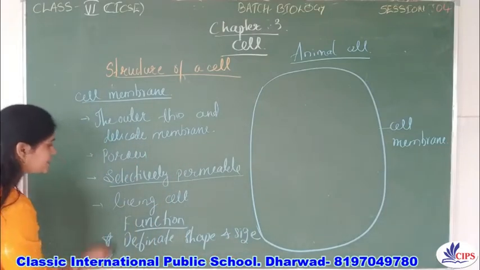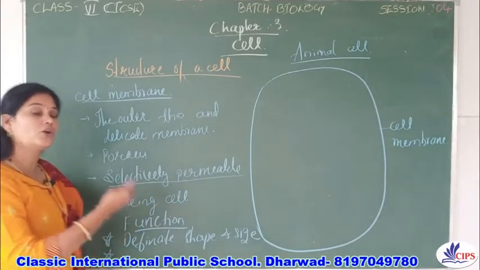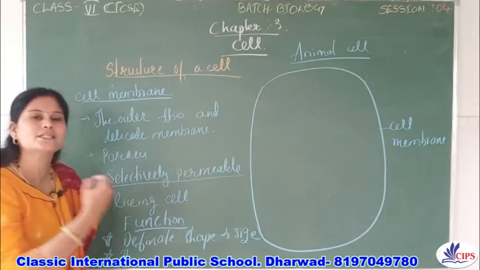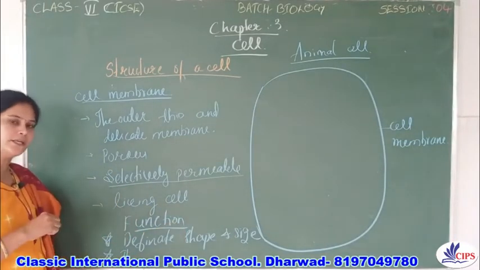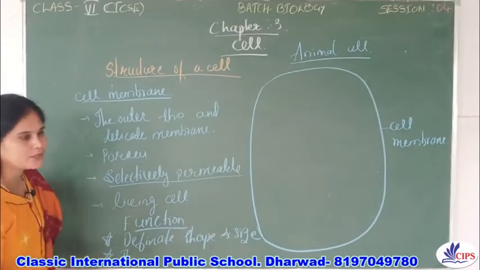And we know that it is selectively permeable. So what is the function? Already I told you, right? It allows the necessary substances to pass in and the harmful substances to diffuse out from the cell.